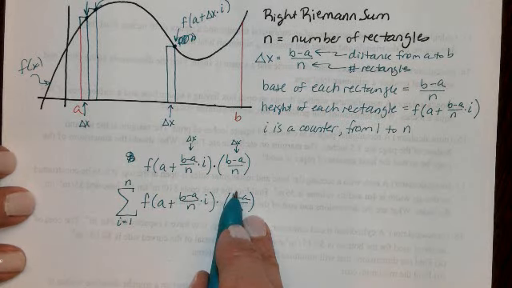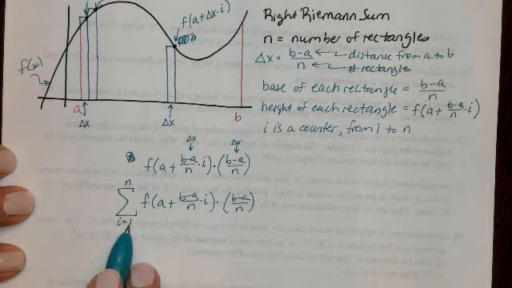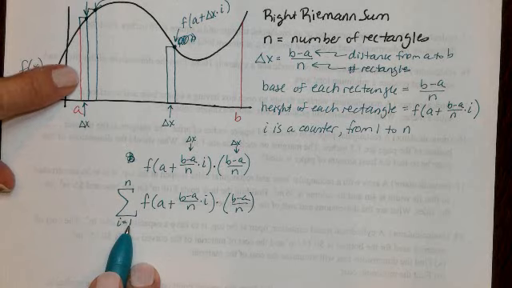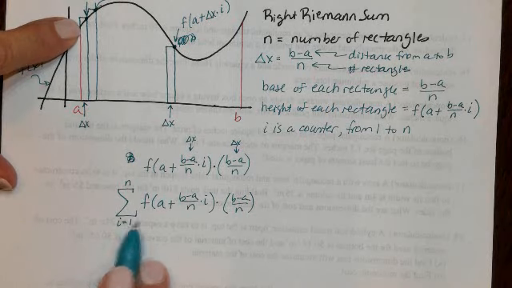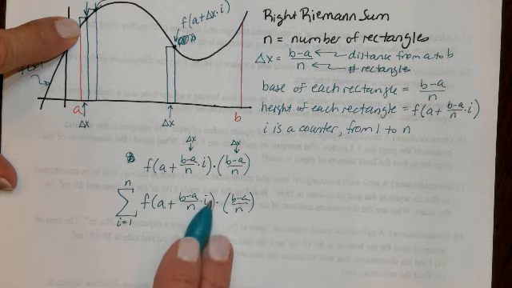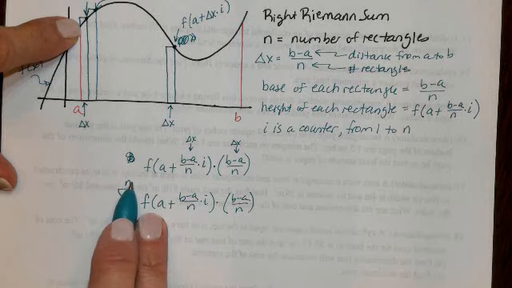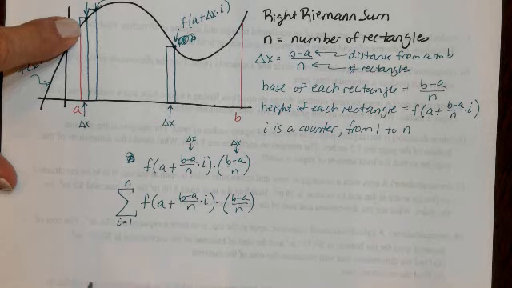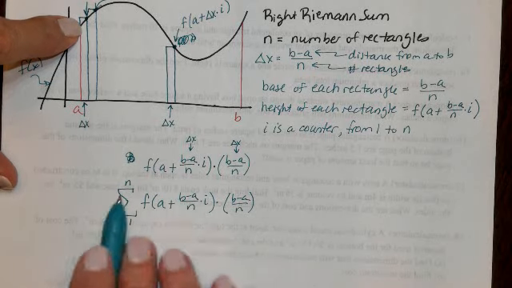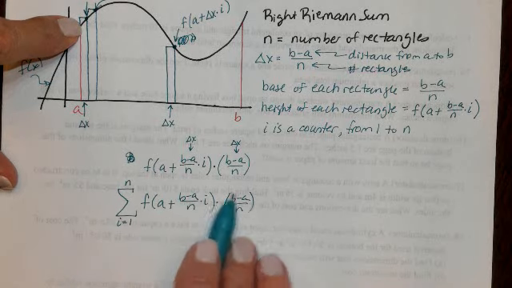If we were doing a left Riemann sum, we'd probably have i starting at 0 because we would want our first height to be just f of a, right? So we would need to start i at 0. So we would go to n minus 1 because that would include the n rectangles there. Okay, so this is our Riemann sum.